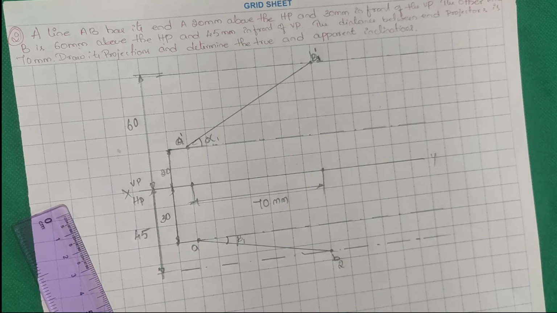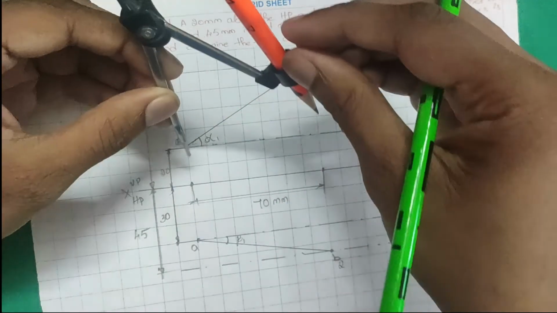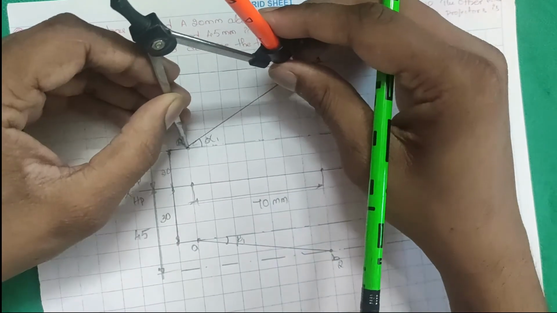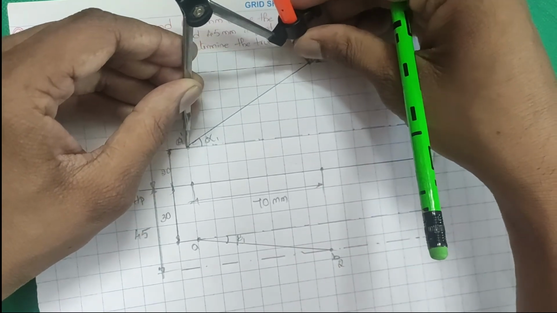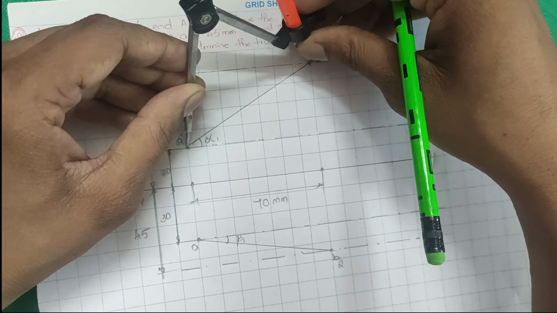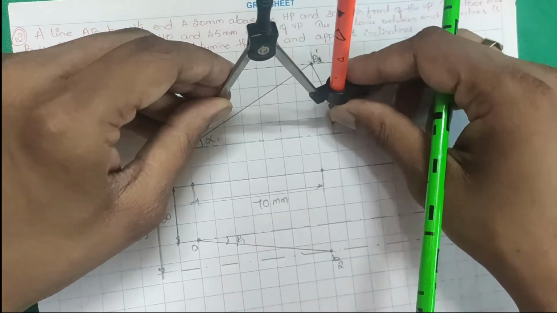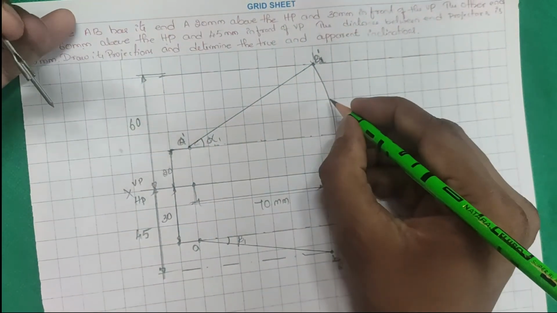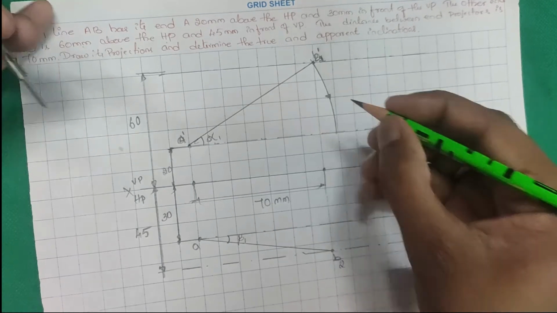So what next? You have to choose this length from here to here, and then draw an arc. The arrow mark will be like this.